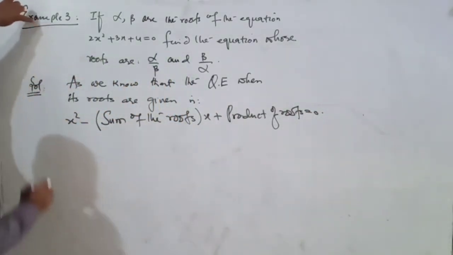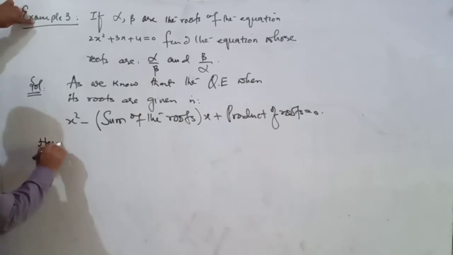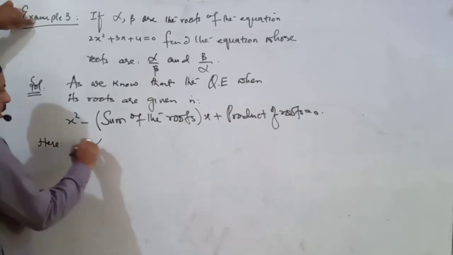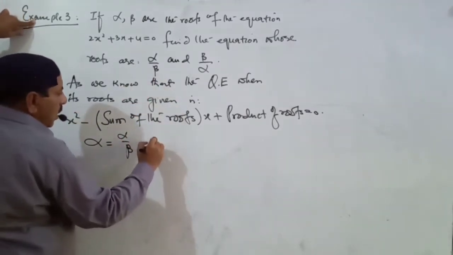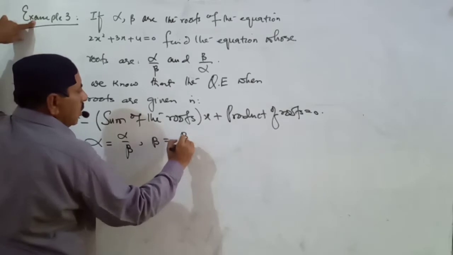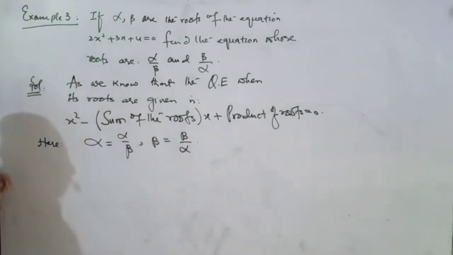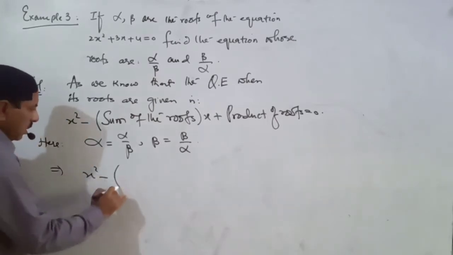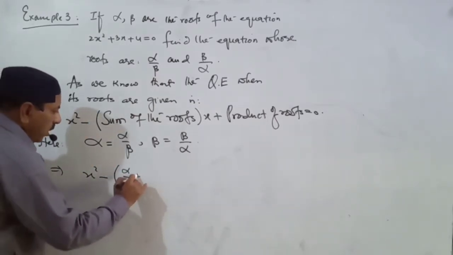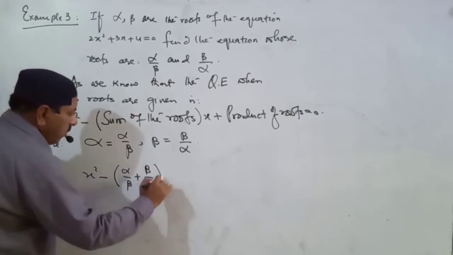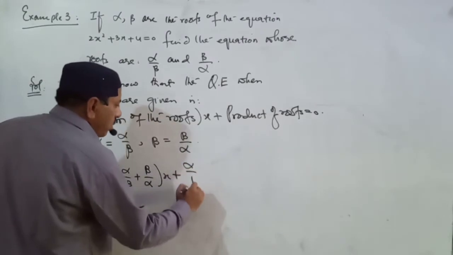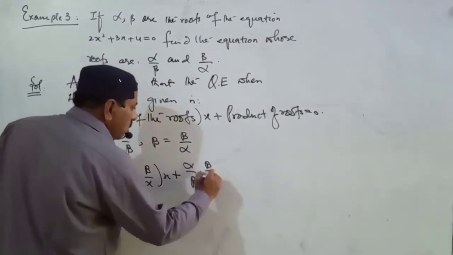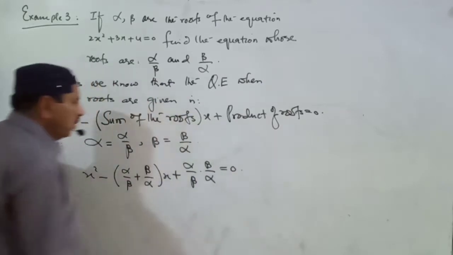So here alpha is equal to alpha upon beta and beta is equal to beta upon alpha. So it implies that x square minus (alpha upon beta plus beta upon alpha) x plus alpha upon beta into beta upon alpha is equal to 0.